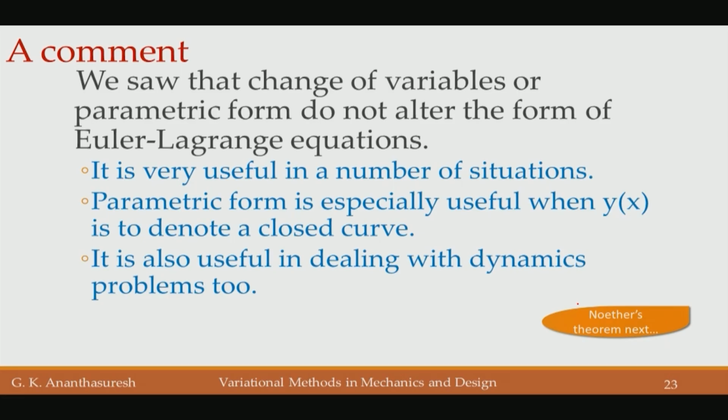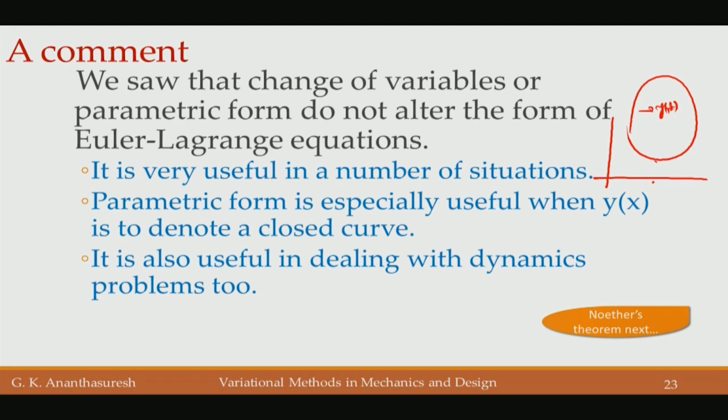So, here is a comment that this parametric form is usually quite useful in many situations, especially when y of x is to denote a closed curve. For example, if I have a problem where I have to find y of x, we always think of y of x as an open curve.